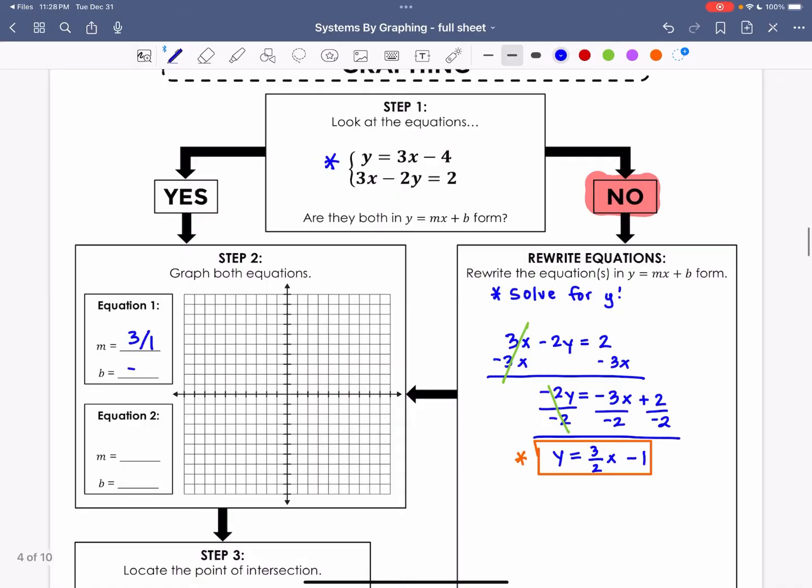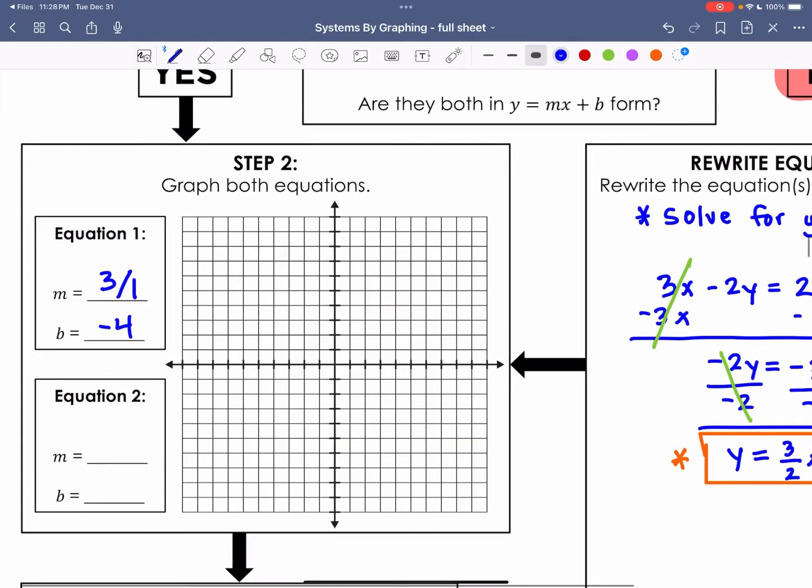And then our b value is -4. So I'm going to go ahead and graph that, starting 4 down on the y-axis and then going up 3, forward 1. And I'm just going to keep doing that till I run out of space and then reverse the pattern. So instead of going up and forward, I'm going to go down and back.